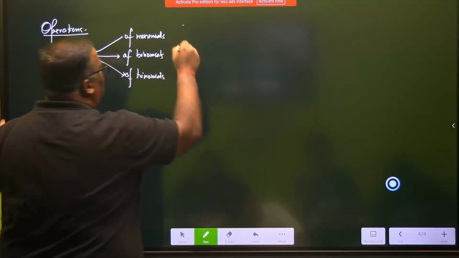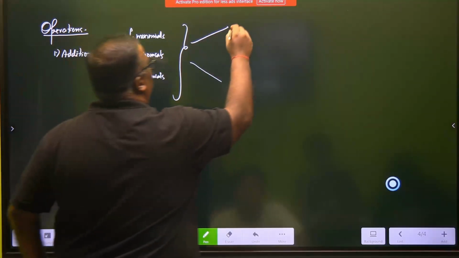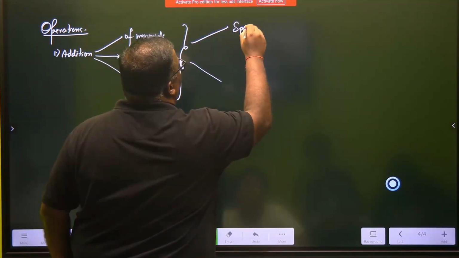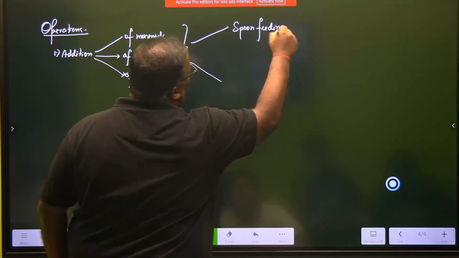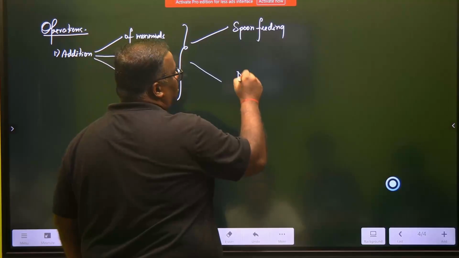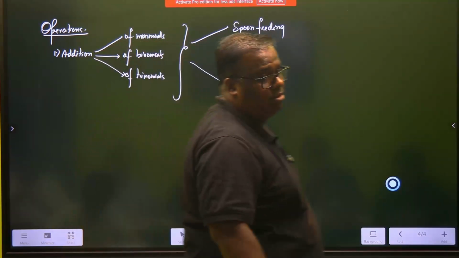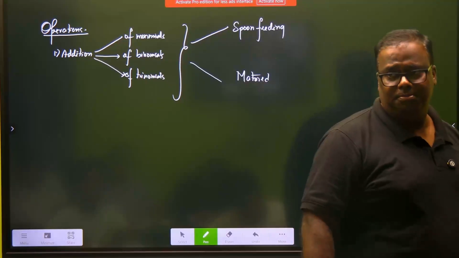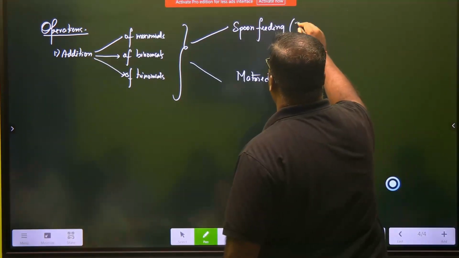And this whole thing will be done in 2 steps, 2 formats. One format is known as spoon feeding, and one format is known as matured. Spoon feeding format is known as the tabular format.